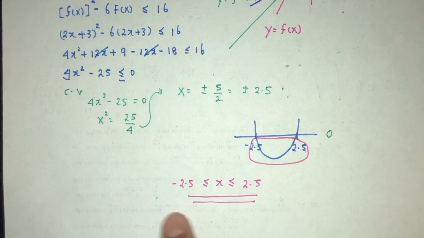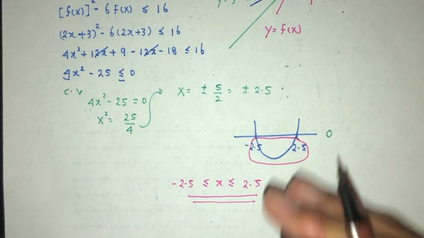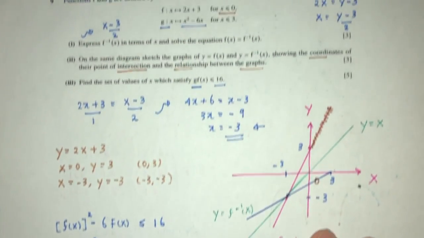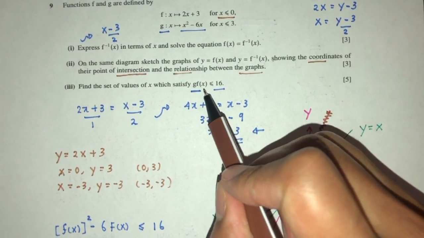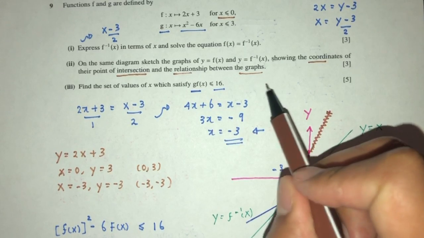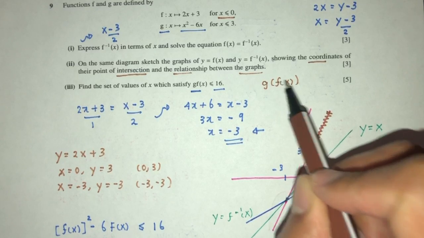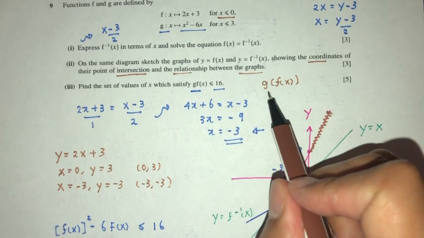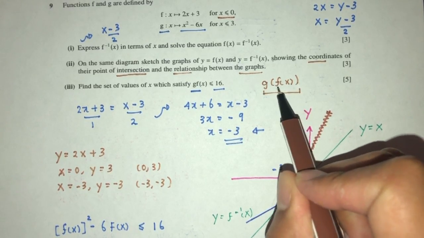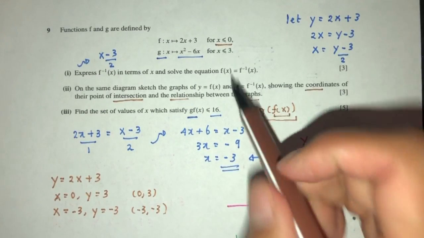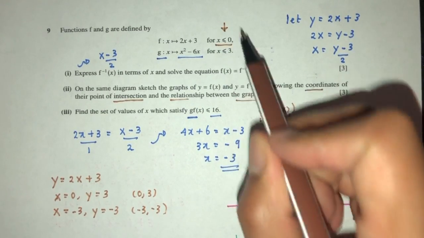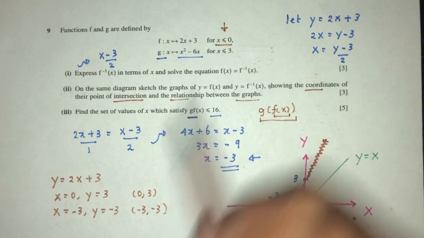So now once we have this domain, we have to go back up and understand something. Here we have the function g of f of x, which is a composite function, right? So what is the range or domain of this? Domain of this will be according to f of x. So domain of this will be less or equal to 0.